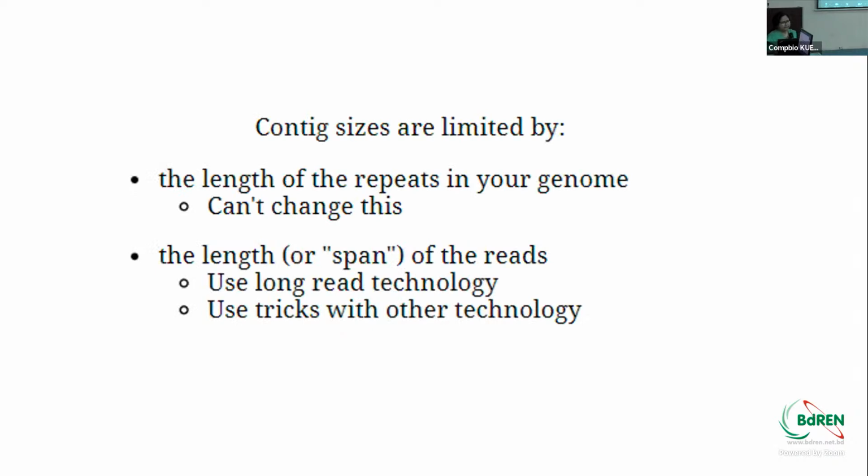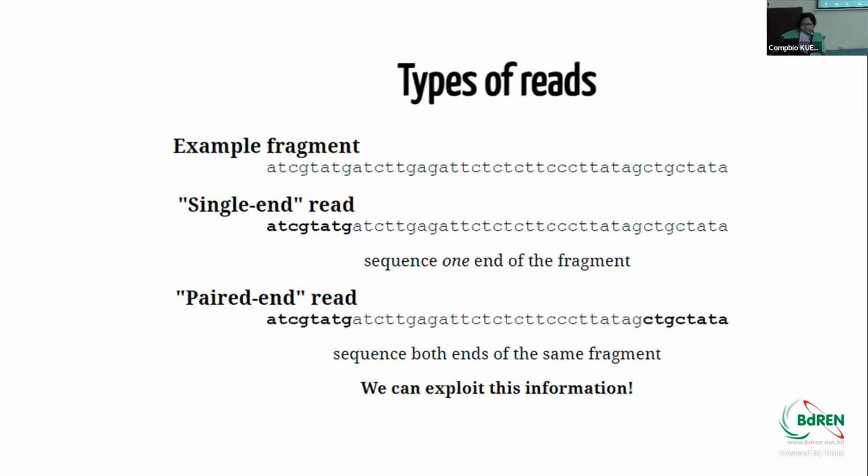Contig sizes are limited by the length of the repeats in your genome. You can change this by using long read technology, that's why PacBio is very popular nowadays. Long read technology can make things good.